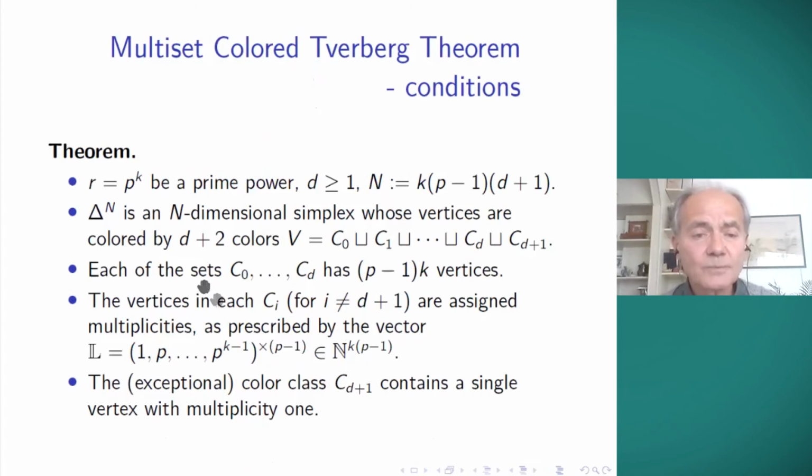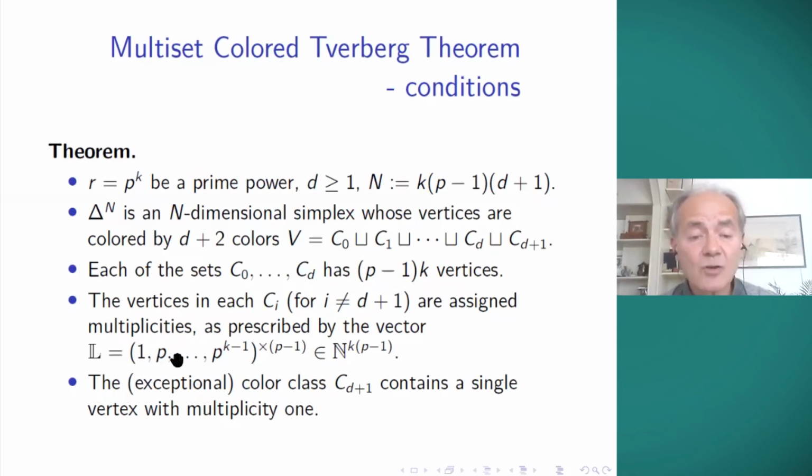So now we have a prime number p. You have a number k(p-1)+1 in dimension d, and it will be the dimension of a simplex, and you have a partition of the vertices or coloring of the vertices of the simplex, but then each of these sets has p-1 times k vertices, and each of these sets has a multiplicity, and the multiplicity vector is this one.